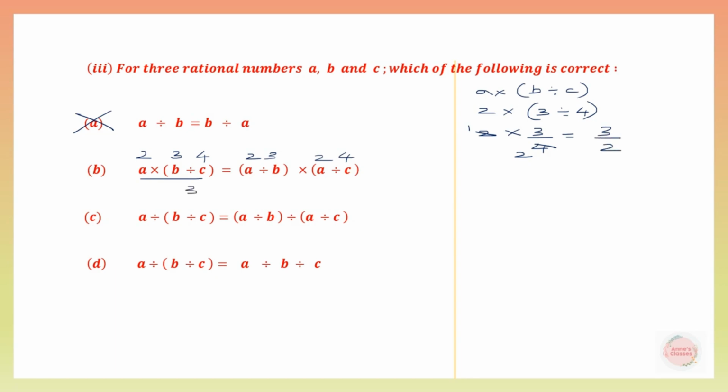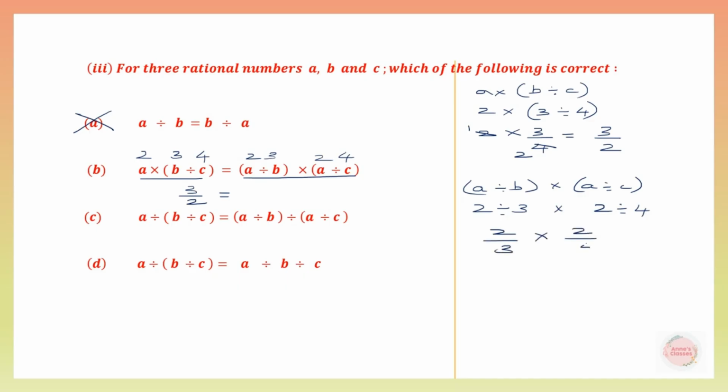So on the left hand side we have 3 by 2. On the right, let's work this out. A divided by B into A divided by C. Let's see what we get. So A divided by B is 2 divided by 3 into 2 divided by 4. So this is 2 by 3 into 2 by 4.